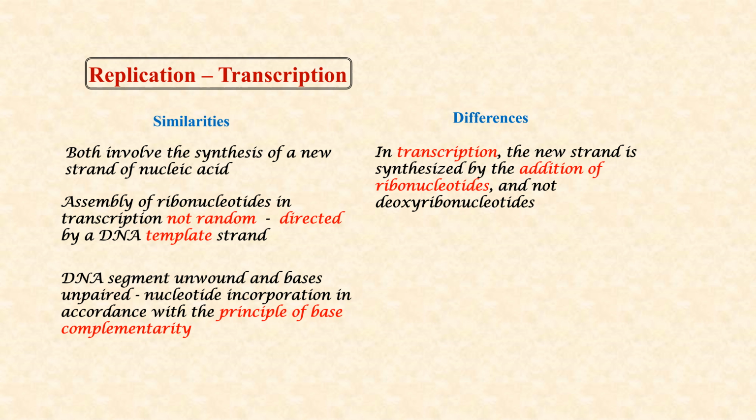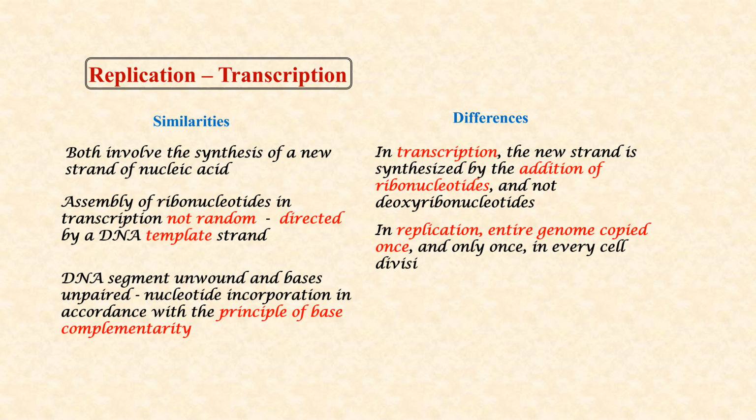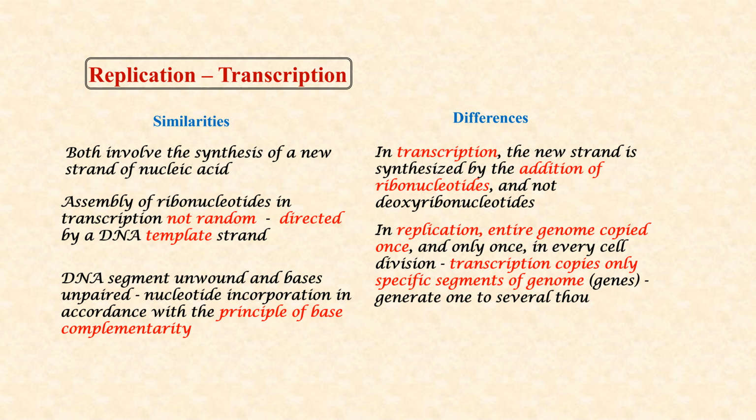The other differences are that in replication, the entire genome is copied once and only once in every cell division, whereas transcription copies only specific segments of the genome and generates 1 to several thousand copies from a given segment.